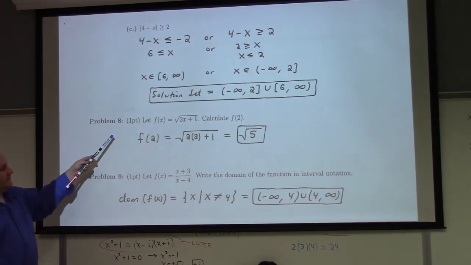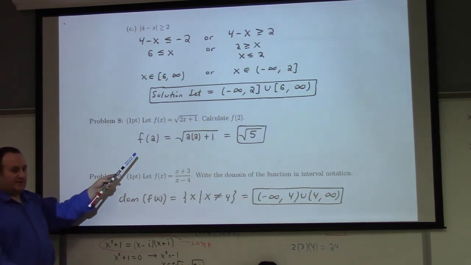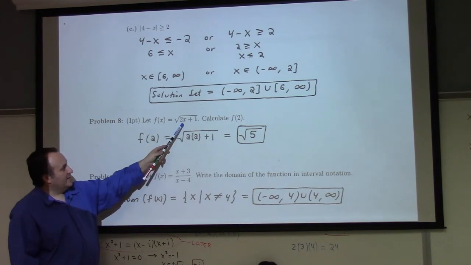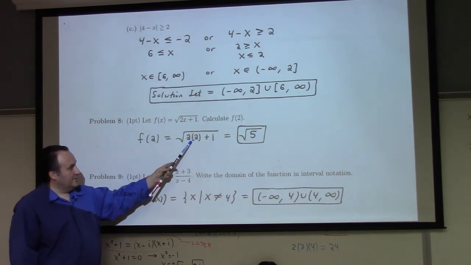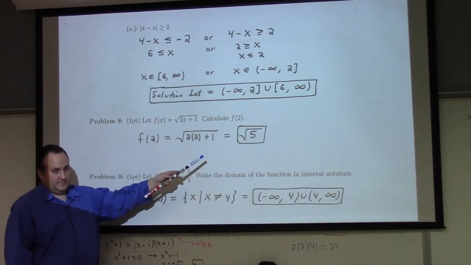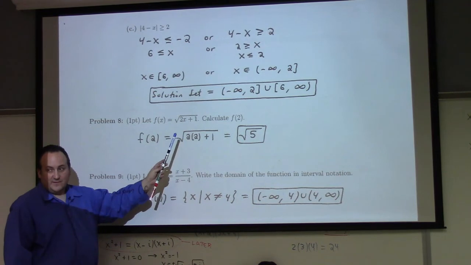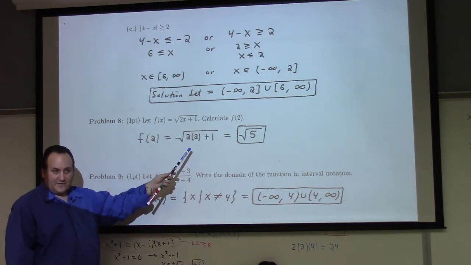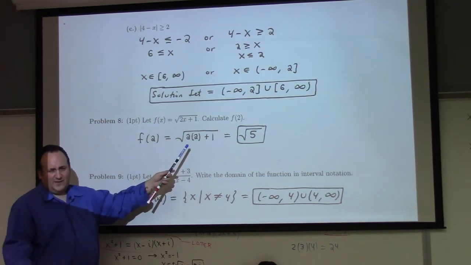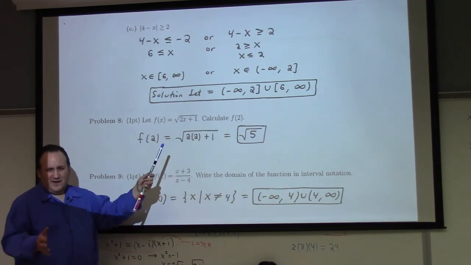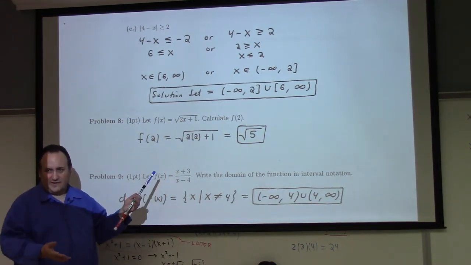Problem 8, f of 2. So literally all you have to do here is take this x and replace it with a 2. That's it. Now if you got this problem wrong, that's good news, because this is very easy for you to fix, right? If you got the number line inequality problem wrong, you might have a bunch of things you got to work on, right?